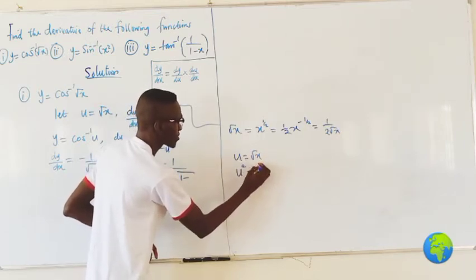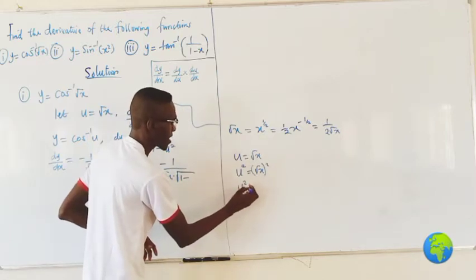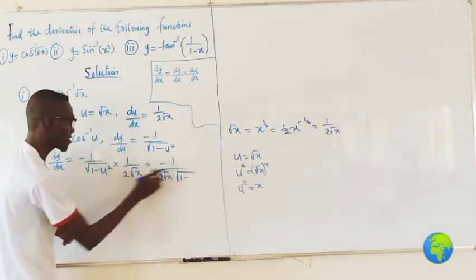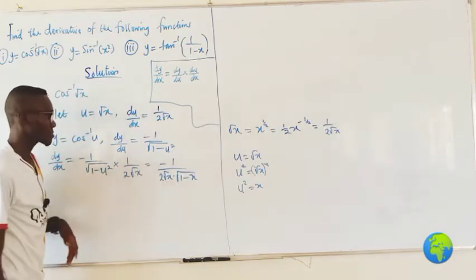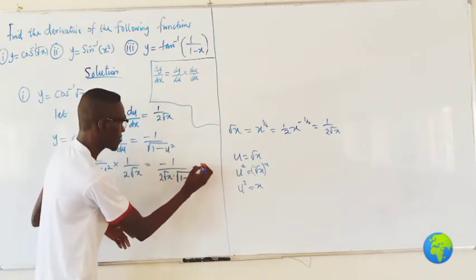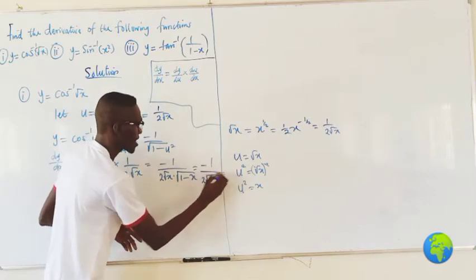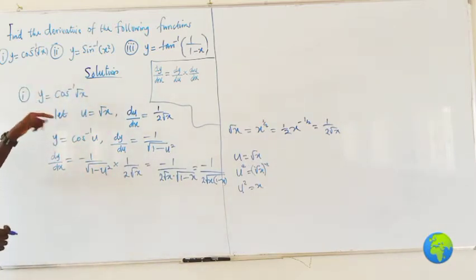U squared is going to be square root of x all squared, so the square goes with the root and we get x. So in place of u squared, I write x. You can actually stop here, but to rewrite it in a simpler form, you say minus 1 over 2 square root of x times square root of 1 minus x. And that's the derivative of the first question, which is cos inverse of square root of x.